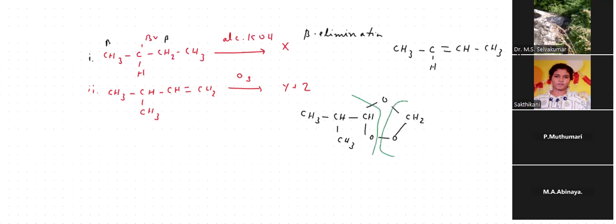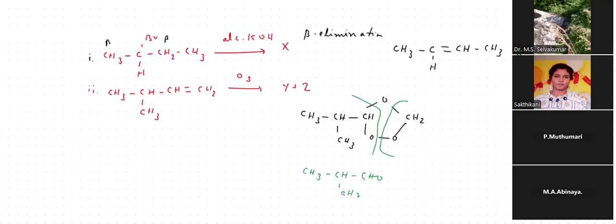So the compounds formed by ozonolysis, this is CH3, CH, CH3, CHO. So this is an aldehyde, 2-methyl propanal.